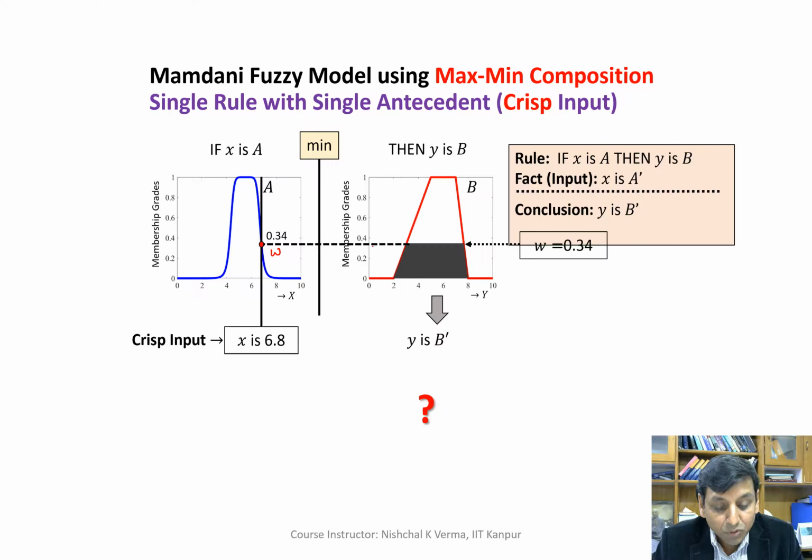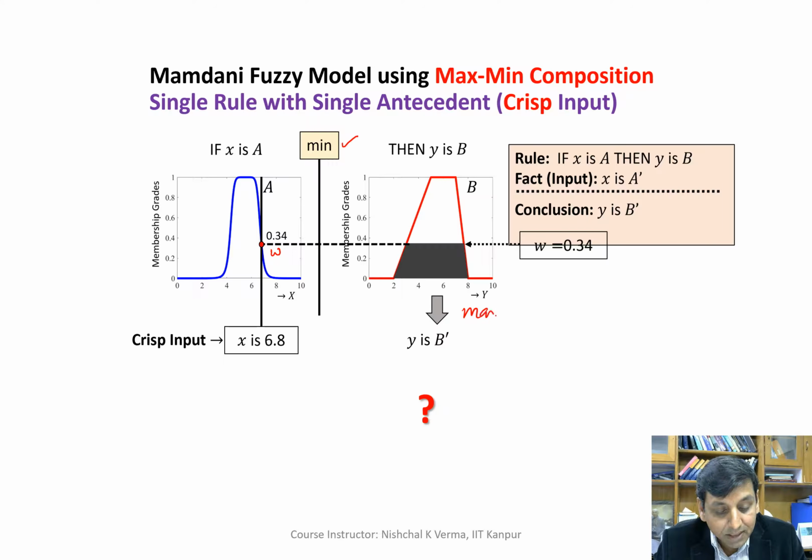So we proceed further and use this value to truncate the output fuzzy set B. Since we are using max-min composition, we first take the min and then we take the max.